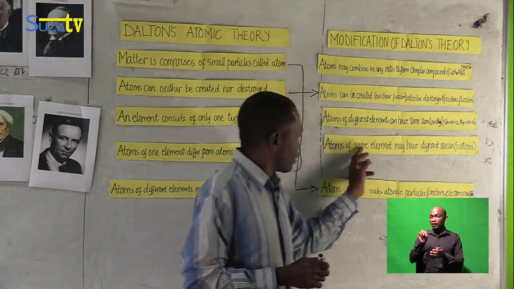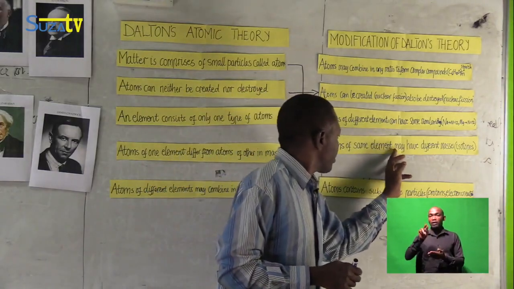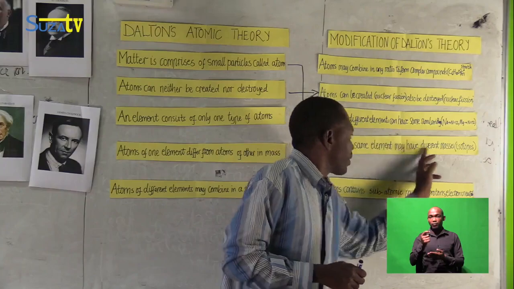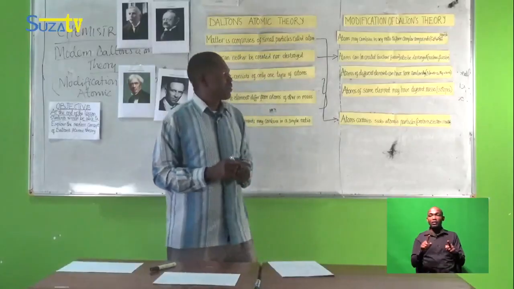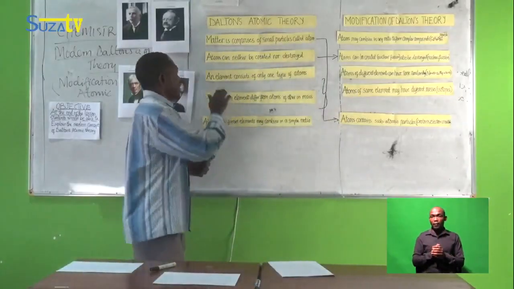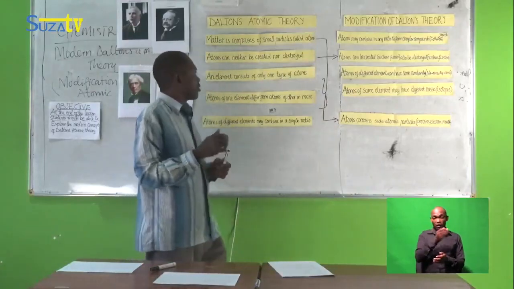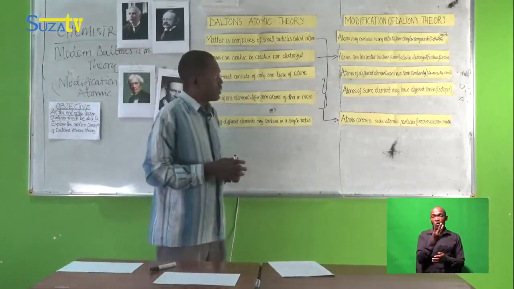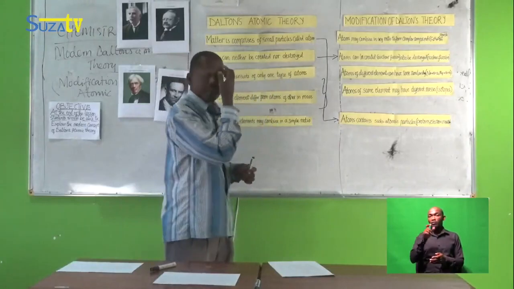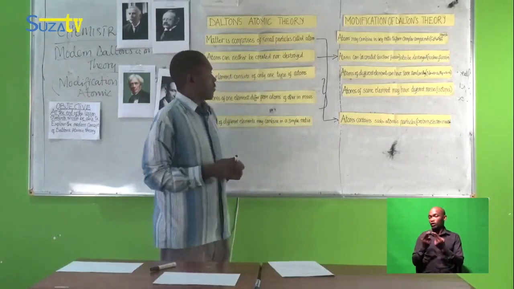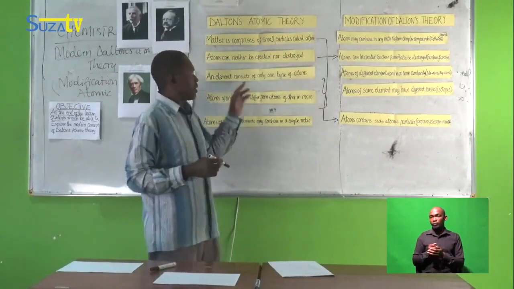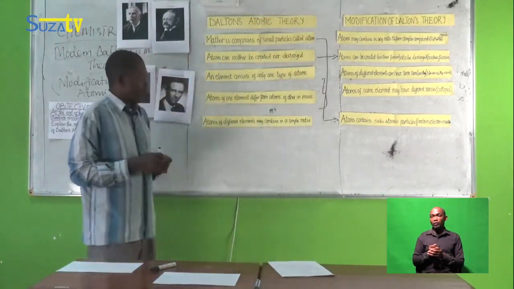Atom of same element may have different masses or isotopes. So I think for an element consists of only one type of atom, there's no modification that directly targets this postulate of Dalton.